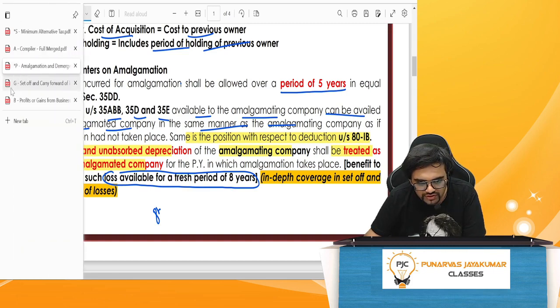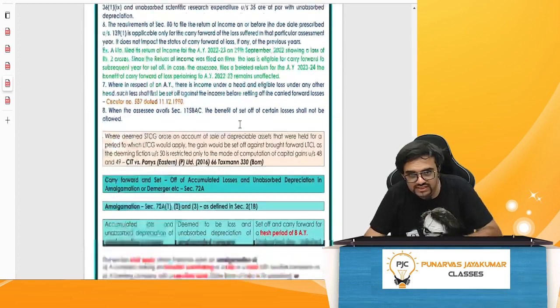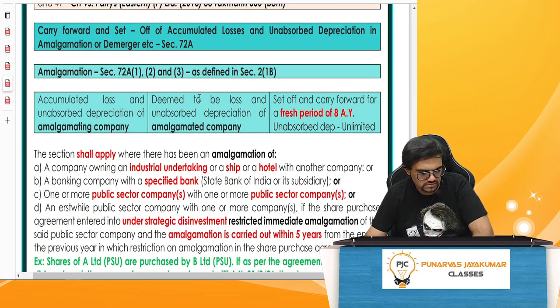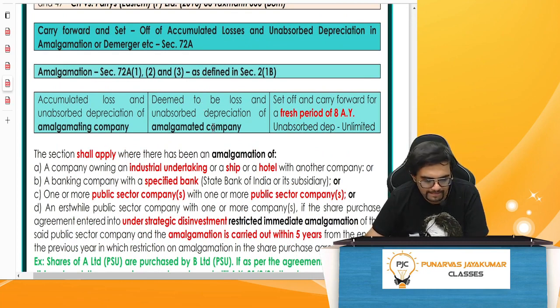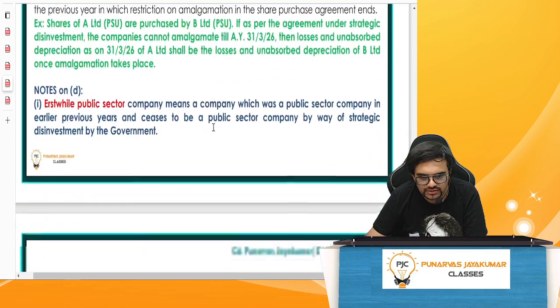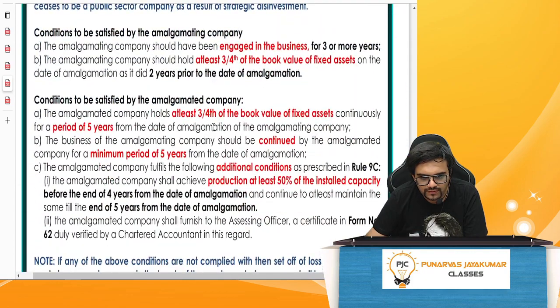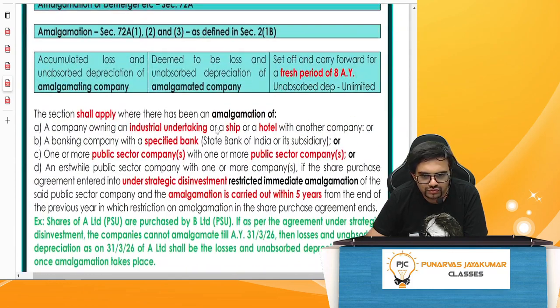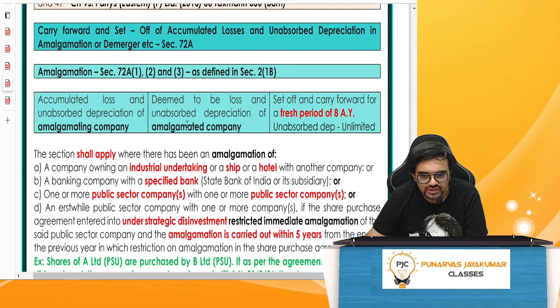So if you come to set off and carry forward, page G6, we will finish it off here. Accumulated loss and unabsorbed depreciation in the amalgamating company is deemed to be the loss and unabsorbed depreciation in the amalgamated company.